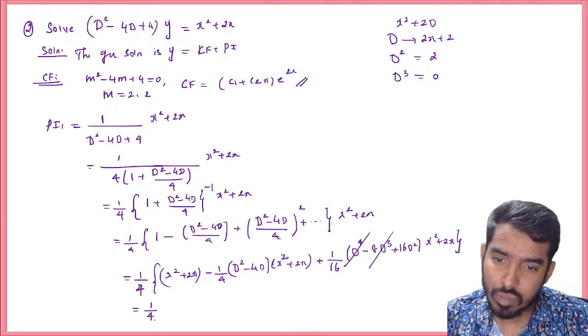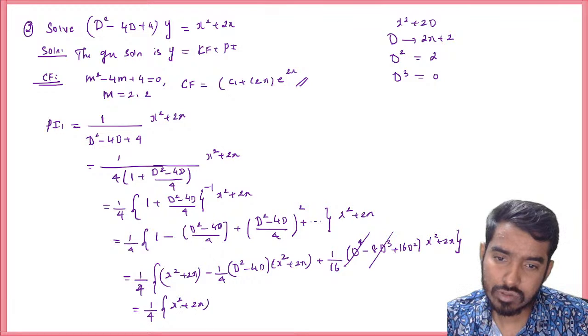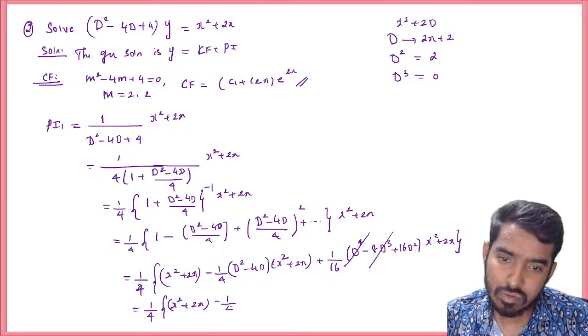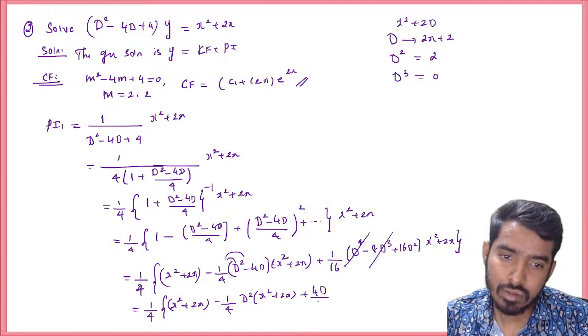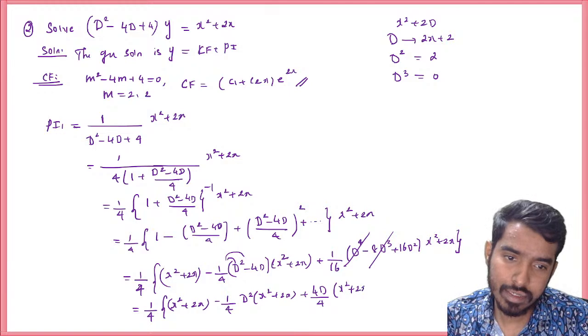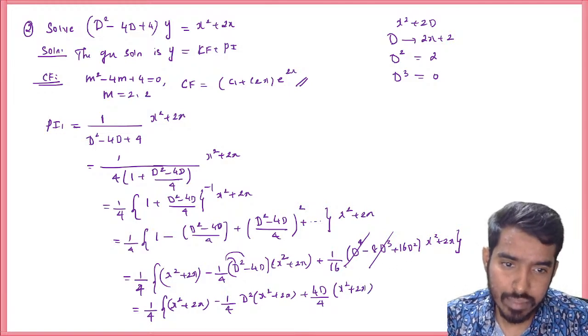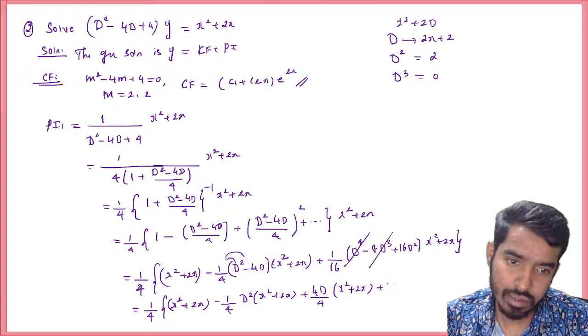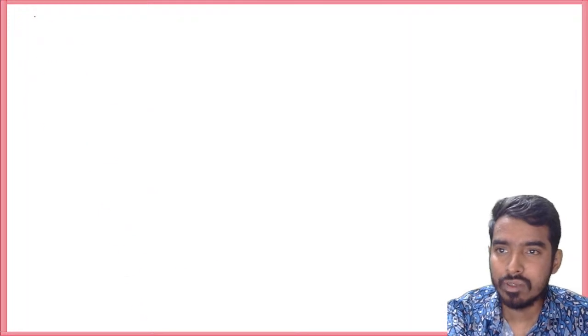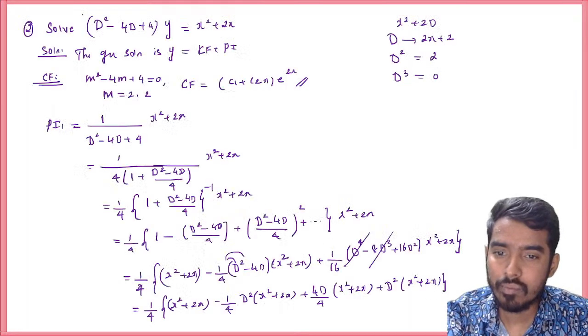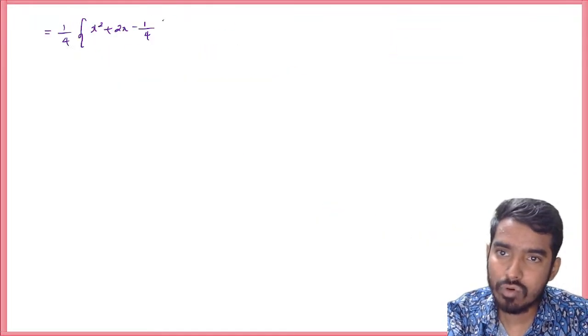So this will be 1 by 4 x square plus 2x, and here minus 1 by 4 D square of x square plus 2x, and if we multiply this inside, we will have plus 4D by 4 x square plus 2x, and this will be 16 by 16 D square. So we will have D square of x square plus 2x, right? So this will be 1 by 4 x square plus 2x minus 1 by 4 D square.